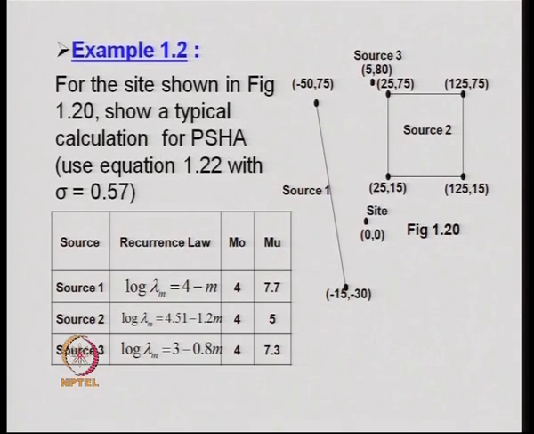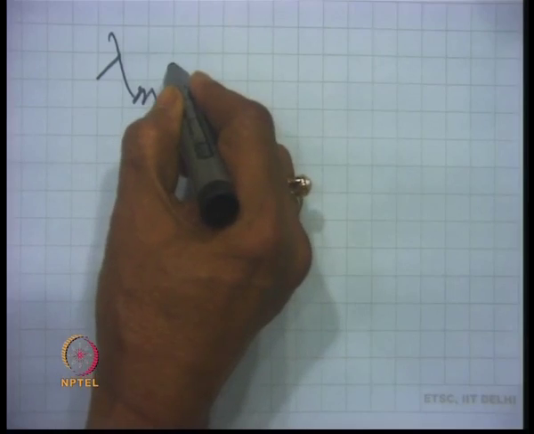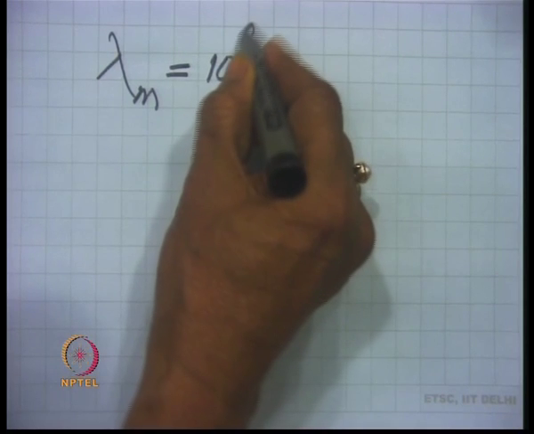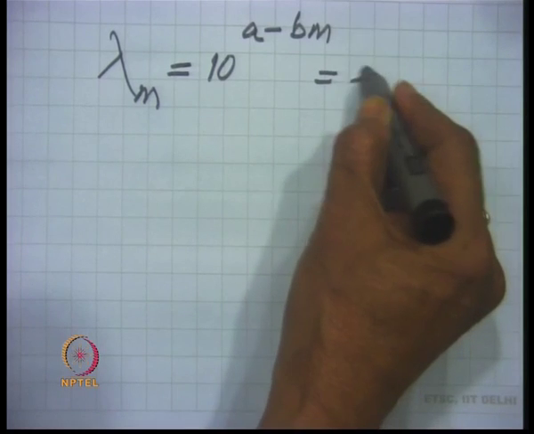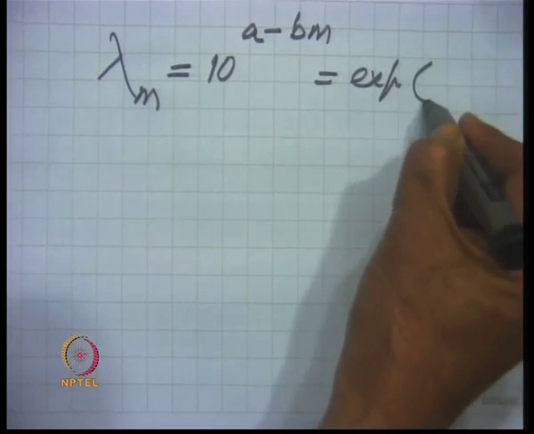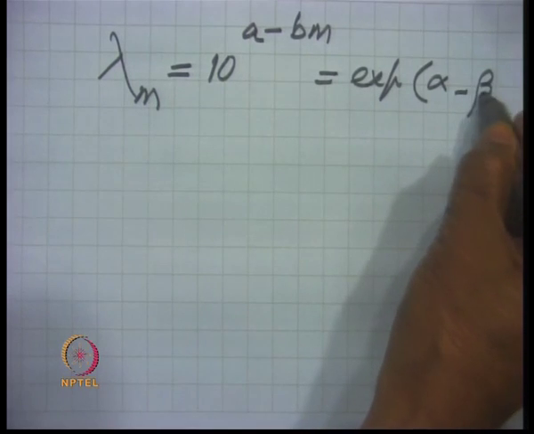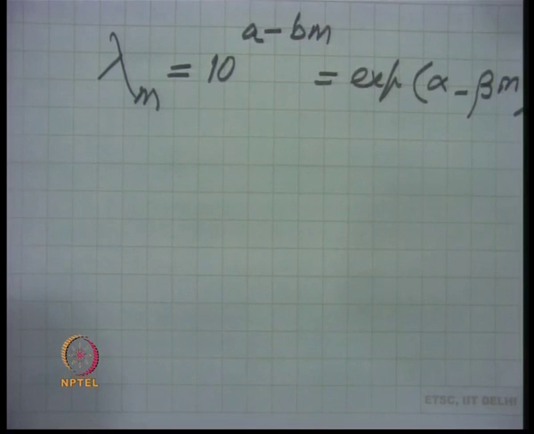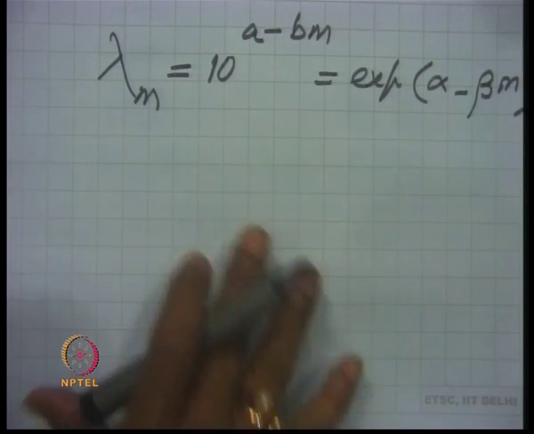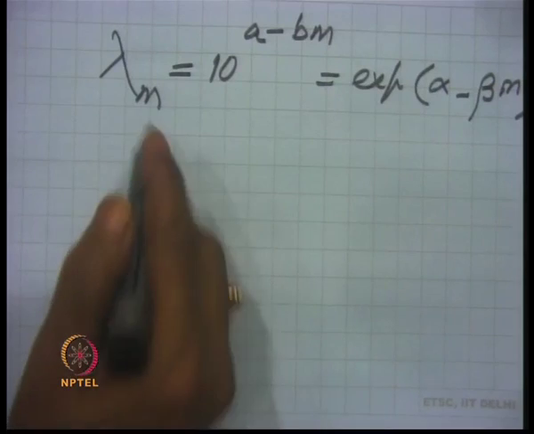The average rate of exceedance of an earthquake of certain magnitude is given by the Gutenberg relationship, and this is lambda m is equal to 10 to the power a minus bm, is equal to exponential of alpha minus beta m, where m is the magnitude of earthquake which is being exceeded.